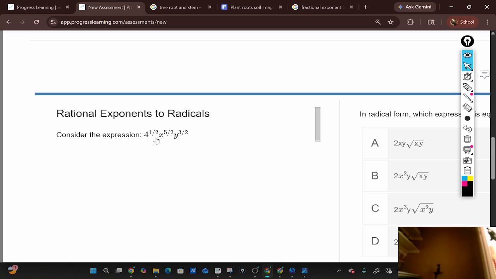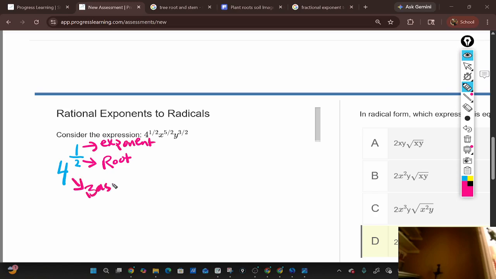As we can see here, we have 2, 2, 2. So if we explore the answers, we can start with 4 to the power 1/2. Again, the 2 is the root, the 1 is the exponent, and 4 is the base.